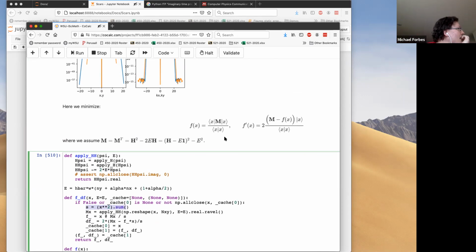I wonder if that's bad. Can we restrict the eigenstates to be real? In 1D you can for sure. In 2D I don't know. What do you think?